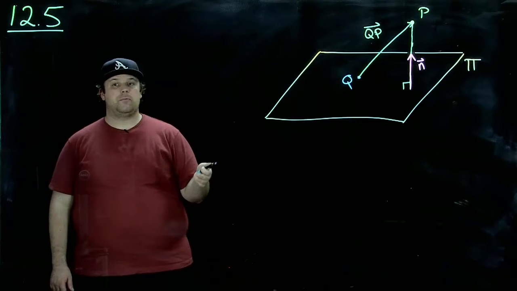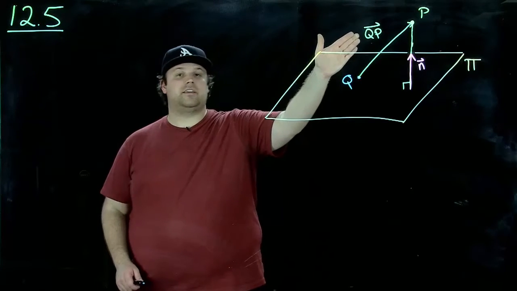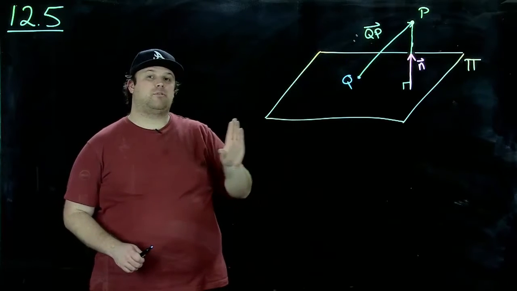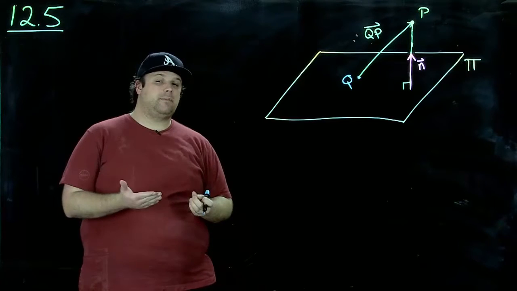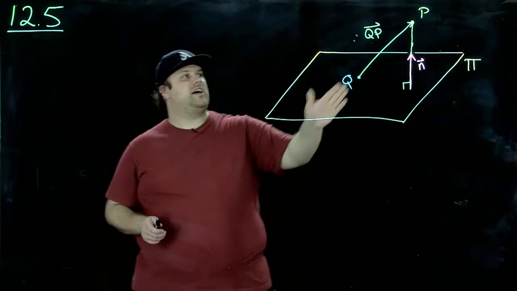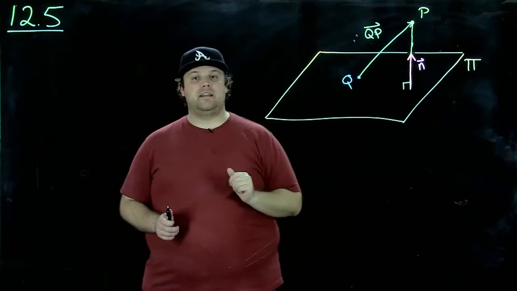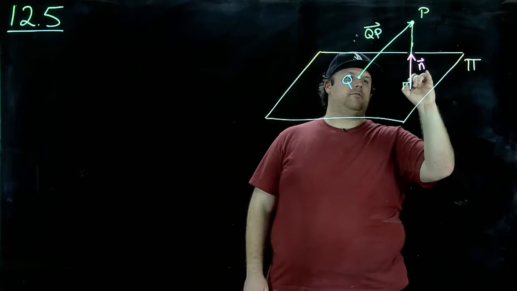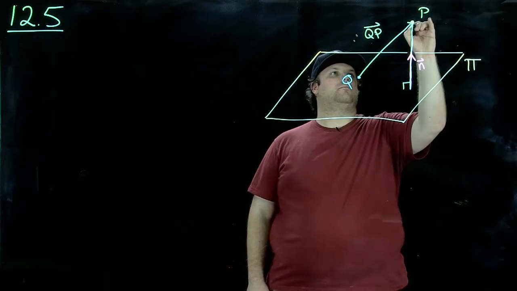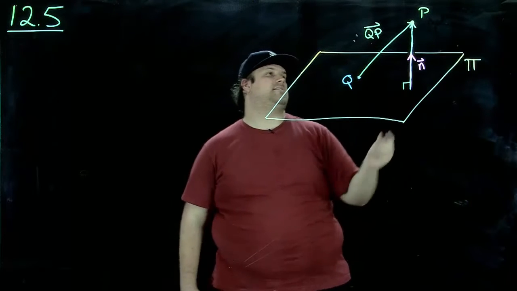Well, what we can do is take this new vector we've created, QP here, and we can project it onto the normal vector. So remember what that is, that's sort of the shadow of this vector QP in the n direction. So that vector ends up being precisely the one that connects the plane to the point with the shortest distance.